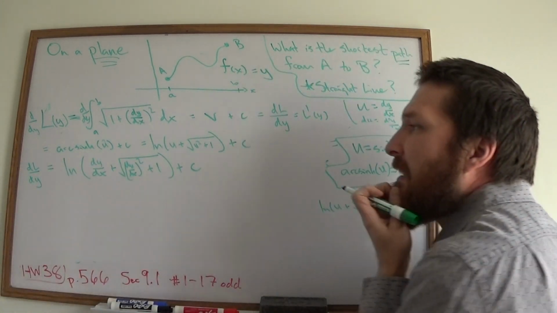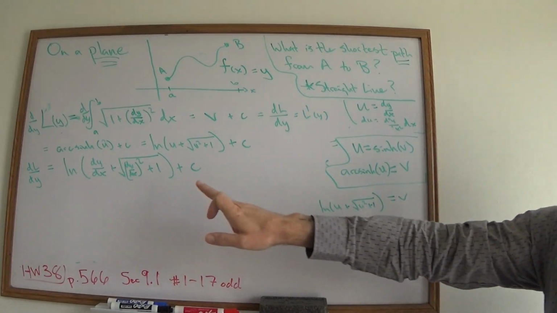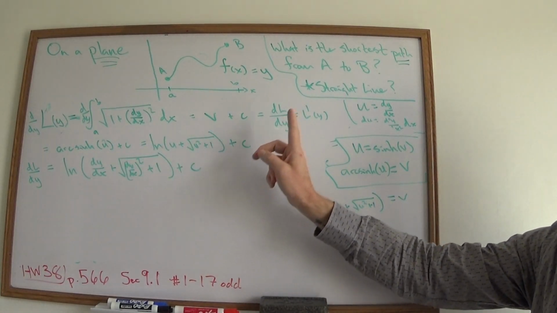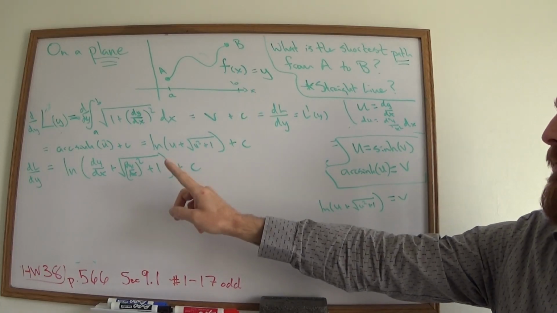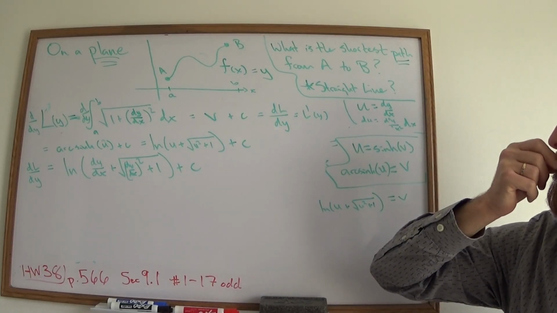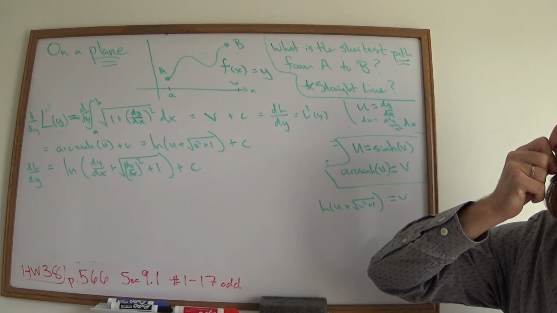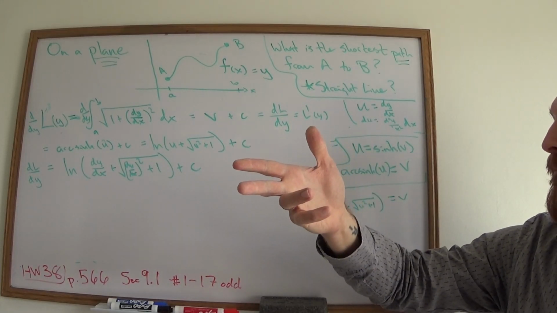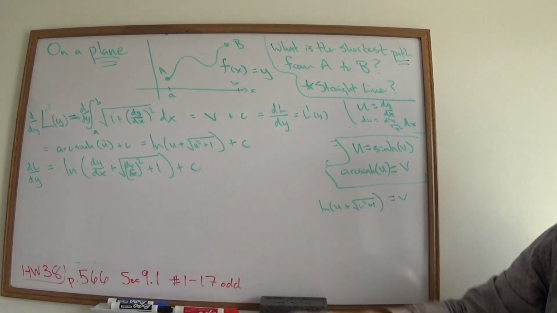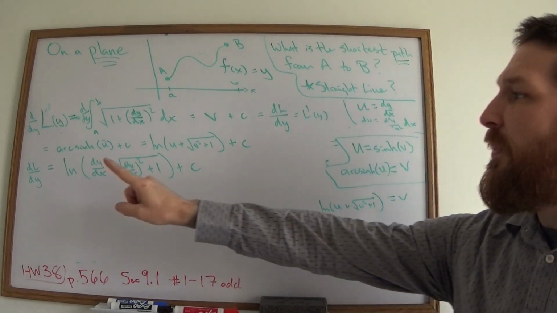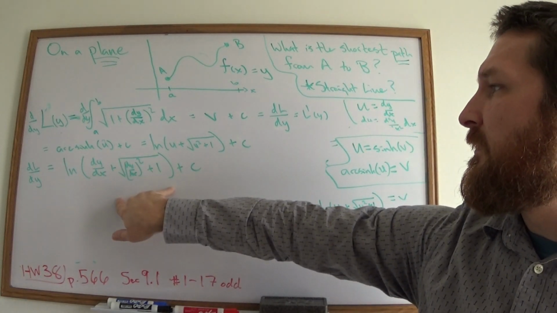Now, wait a second. Would you guys rather deal with this as dy dx or y prime of x? Because it means the same thing. We'll just keep it like this. So, this is the derivative.